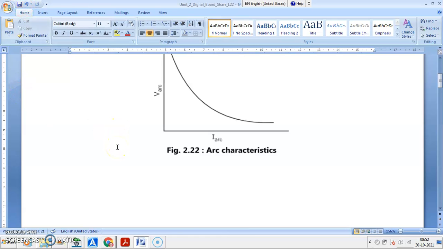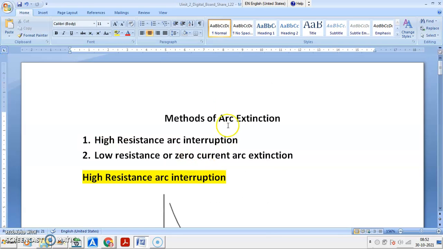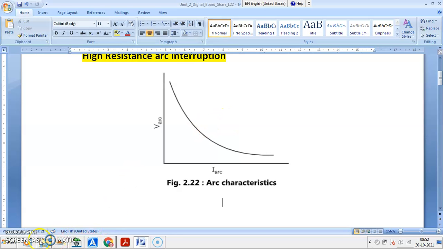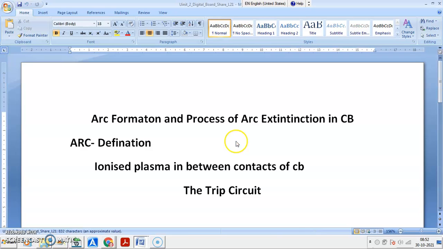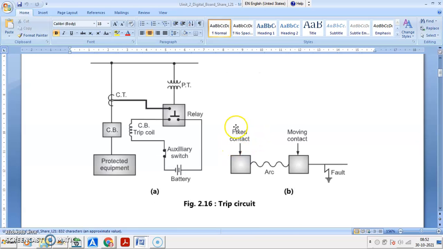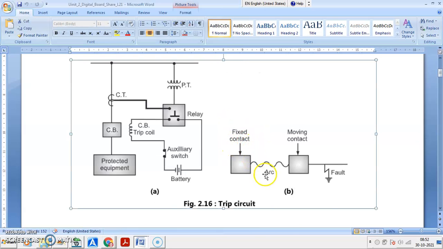So high resistance arc interruption: the resistance of the current path. Now we have the diagram we discussed yesterday. This diagram is known to you: fixed contact, moving contact and arc.